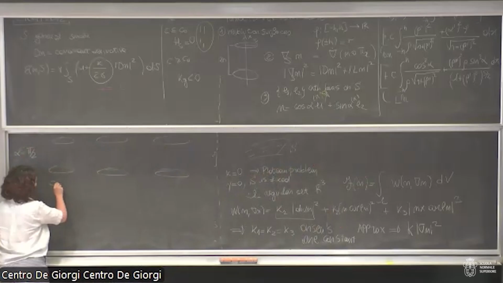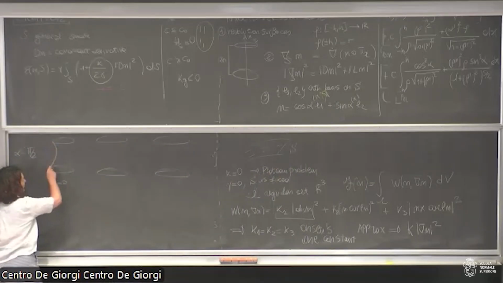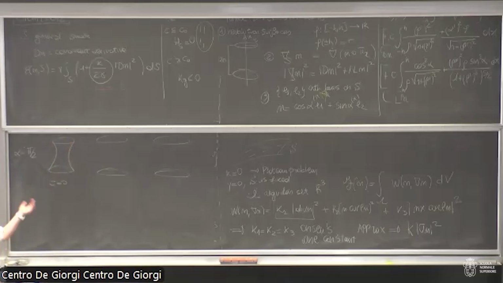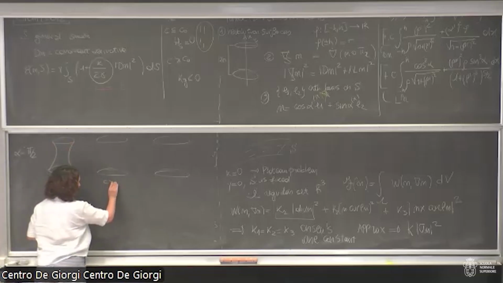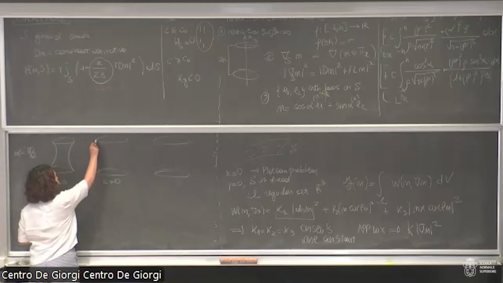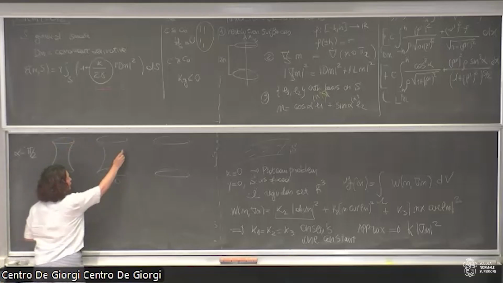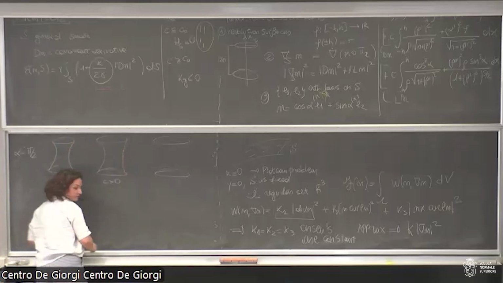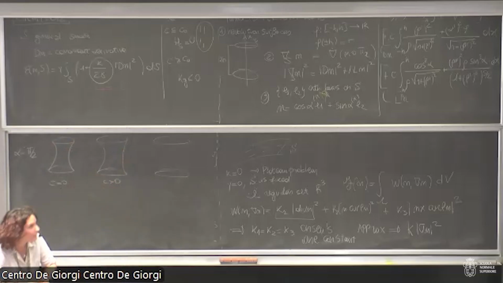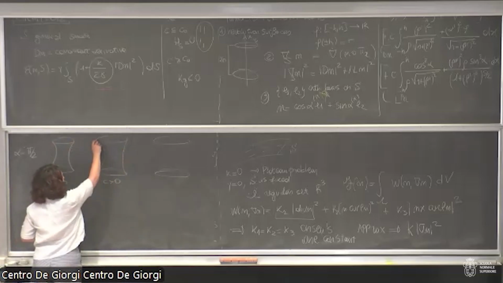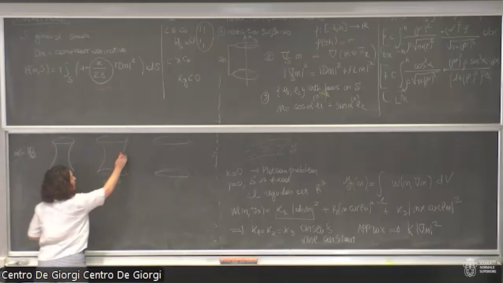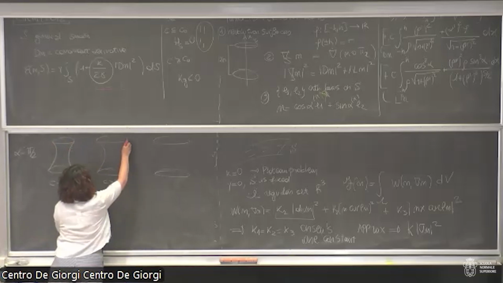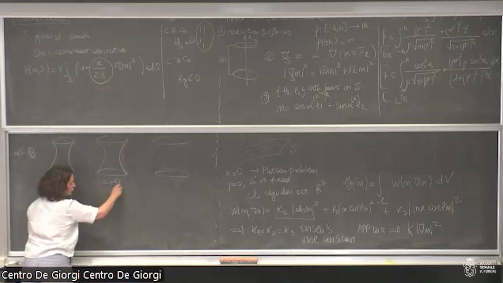So for c equal to 0, you get exactly the catenoid. And this is expected because you're just considering the area. So for c greater than 0, so positive, imagine that this is the catenoid, the solution looks like that. So this is the solution for c equal to 0.